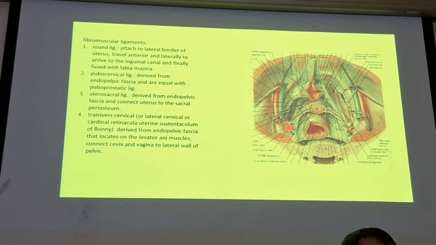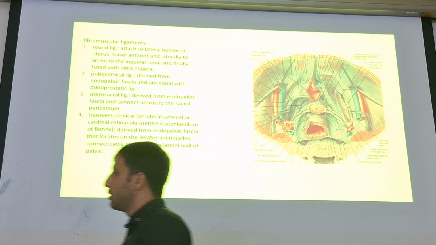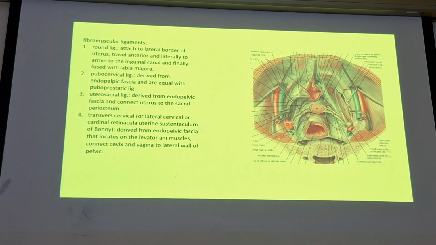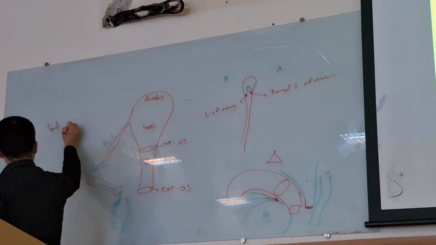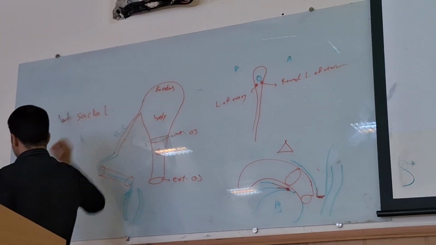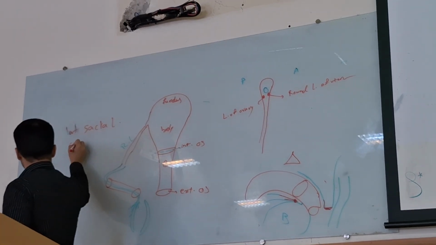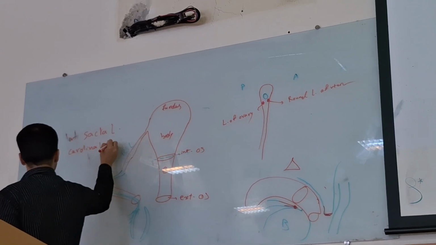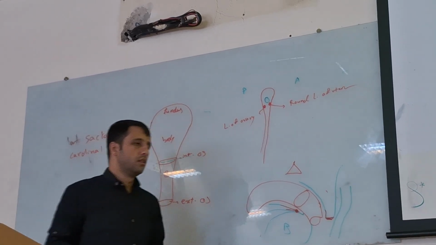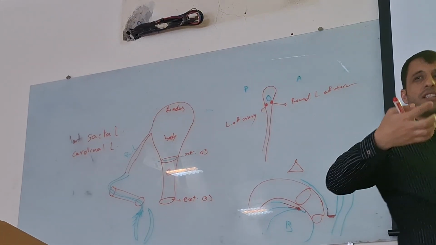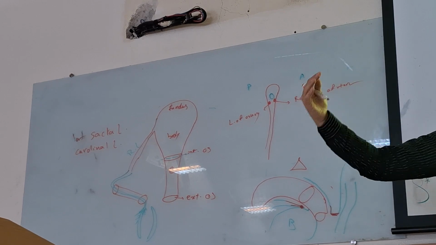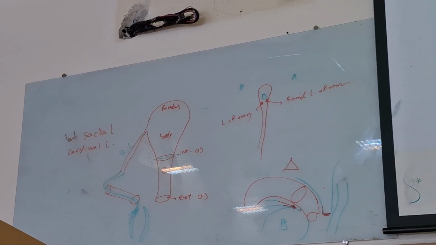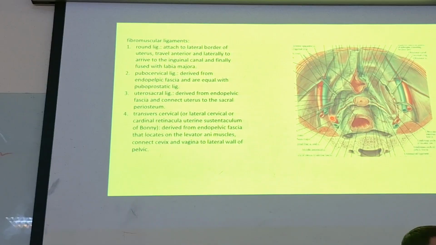It is named the lateral sacral ligament, also named the cardinal ligament, which attaches the cervix of the uterus to the pelvic fascia that covers the pelvic cavity in the lateral part.